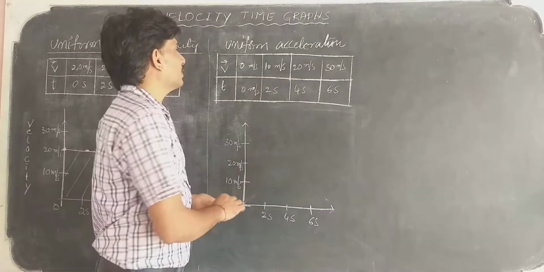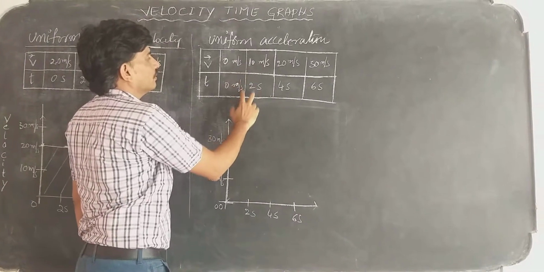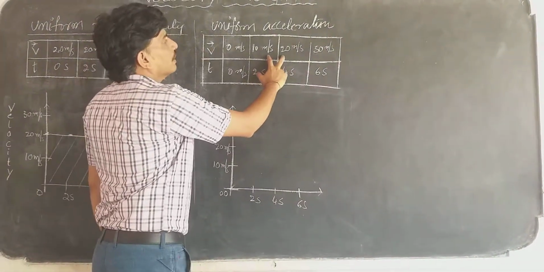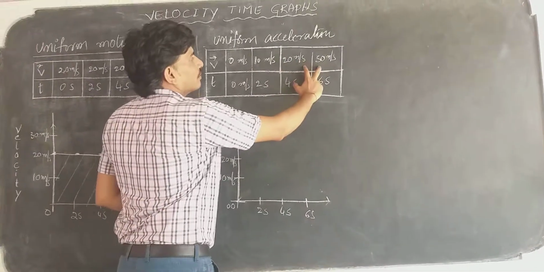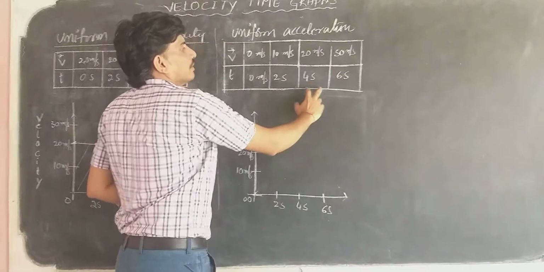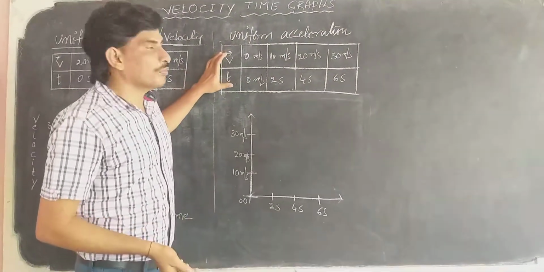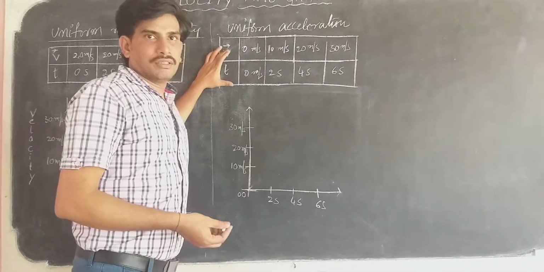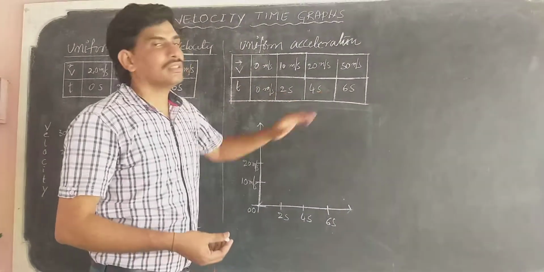You can observe there is an equal change in its velocity. That means 10 meter per second during each 2 seconds, within equal intervals of time. That means it is an example of uniform acceleration. The change in its velocity is constant with respect to time.